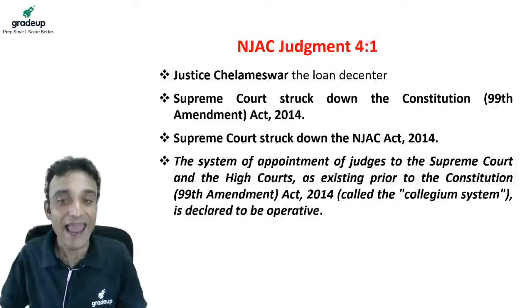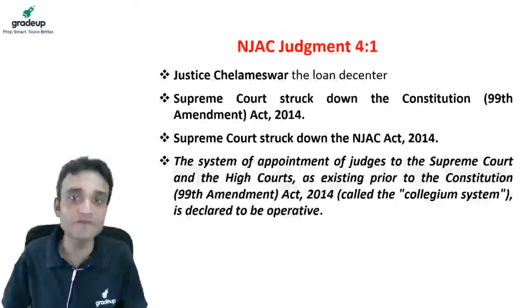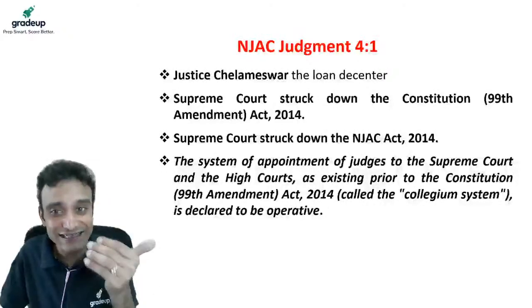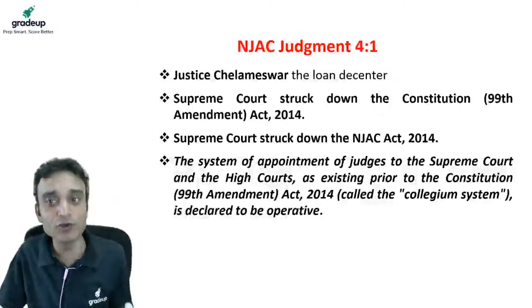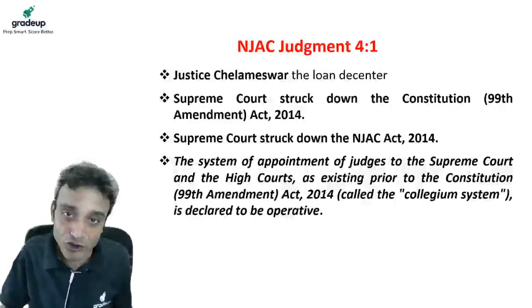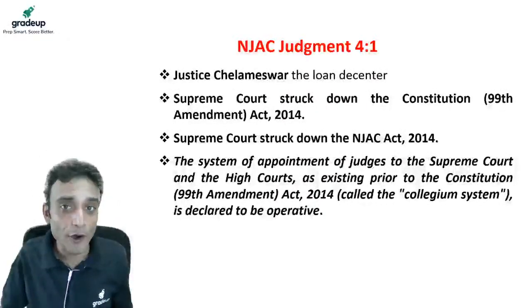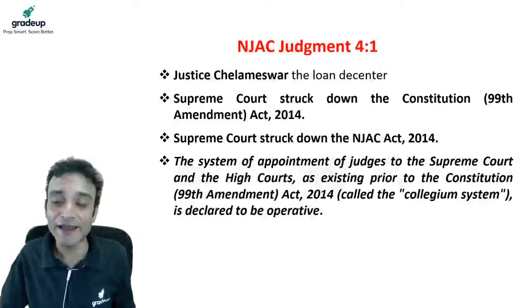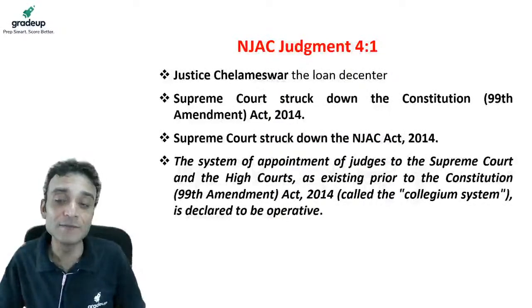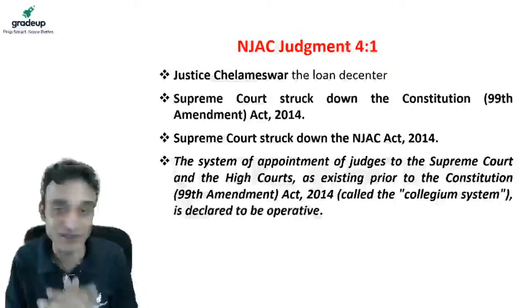And hence, the system of appointment of judges as existed prior to this NJAC Act, that is the Collegium system, was declared to be operative. So as on today, how are judges appointed? Judges to the High Court and the Supreme Court are appointed by a system that is called the Collegium system.